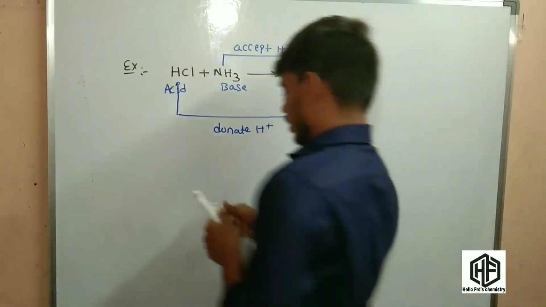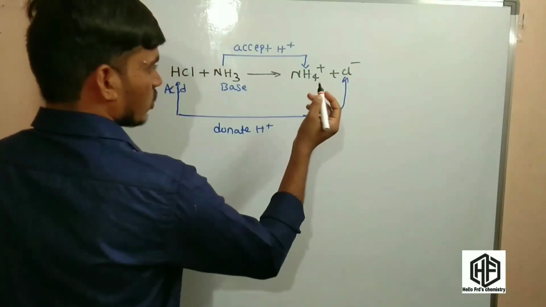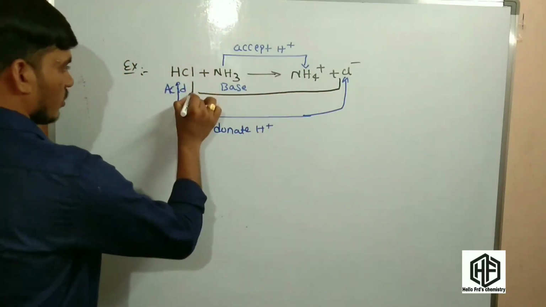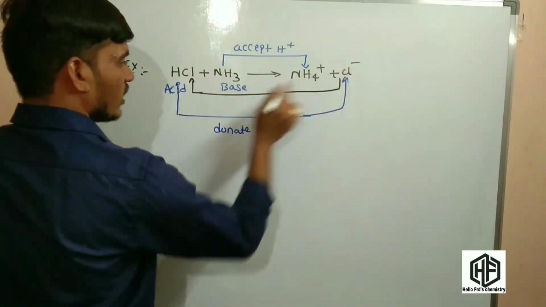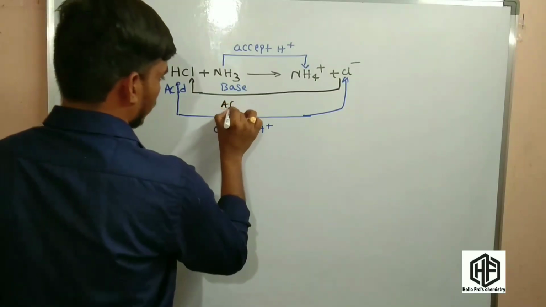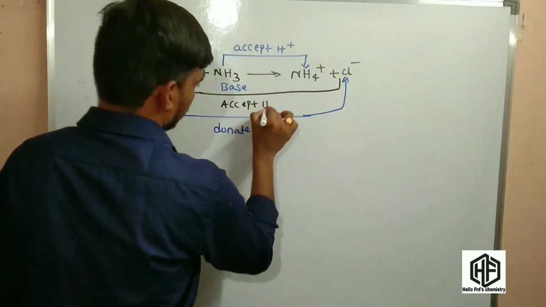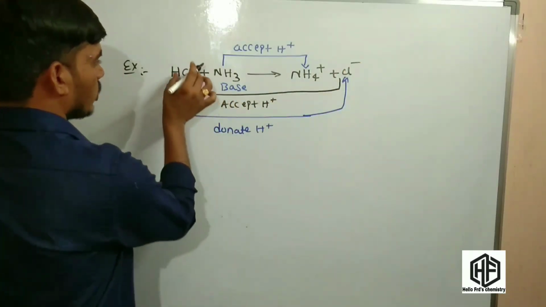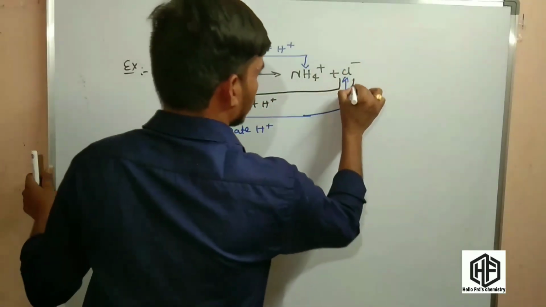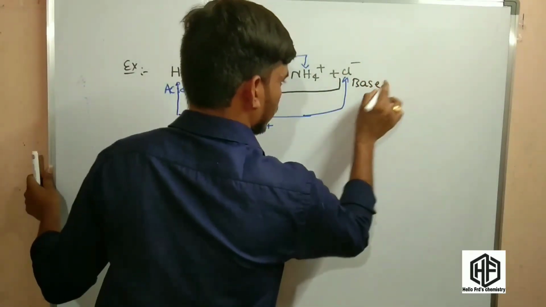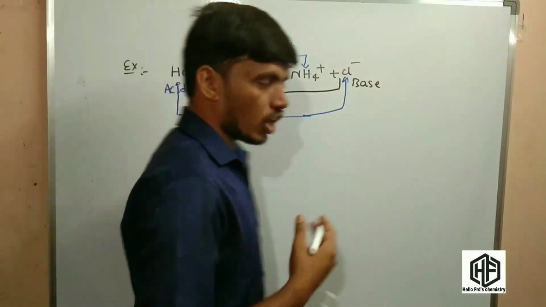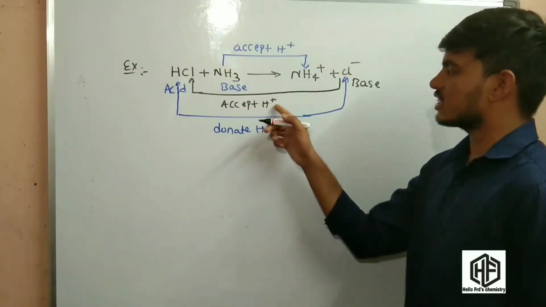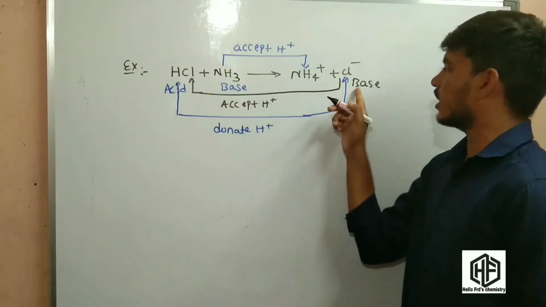Now I am going to talk about the conjugate acid and conjugate base. In this direction, Cl minus, which is represented in black color, accepts H plus. This is called a base. In the back direction, Cl minus accepts H plus, so it is called a base.